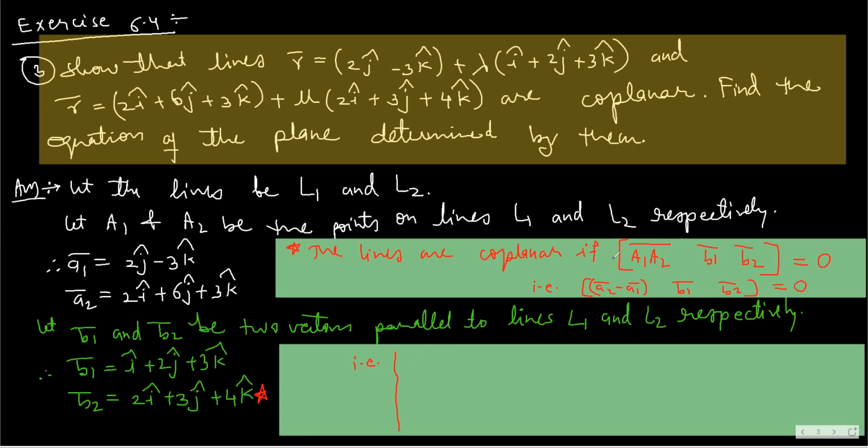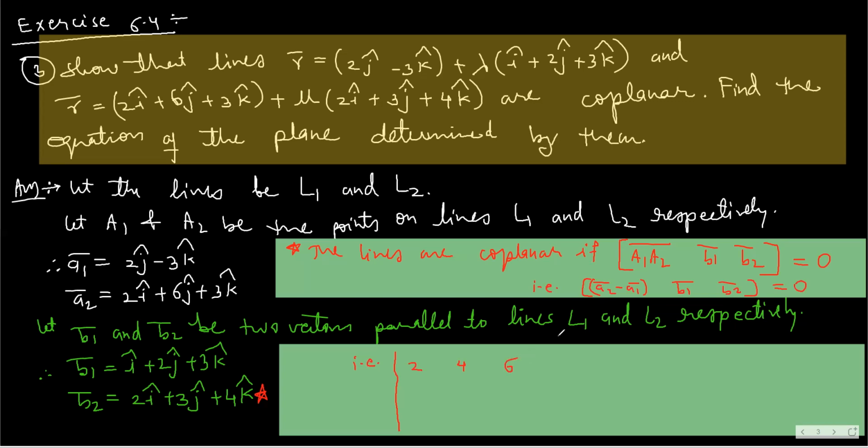Now you know that this box product, the left hand side, is nothing but the determinant. So what is A2 bar minus A1 bar? 2i cap minus 0i cap, that is 2. Then 6j cap minus 2j cap, 4j cap, so 4. Then 3k cap minus of minus, so this will become 6k cap.